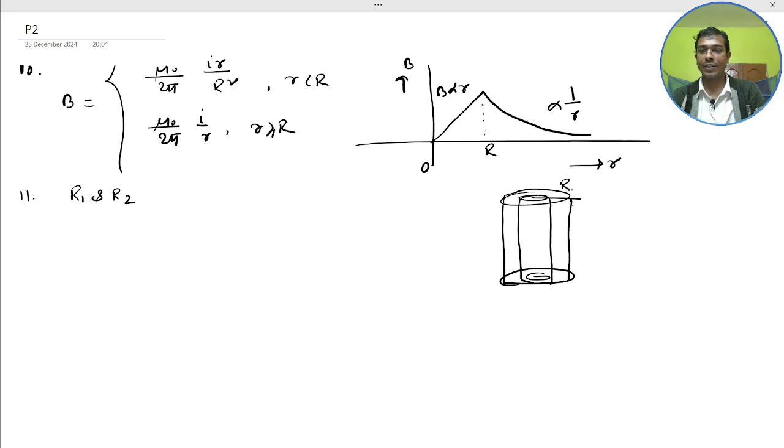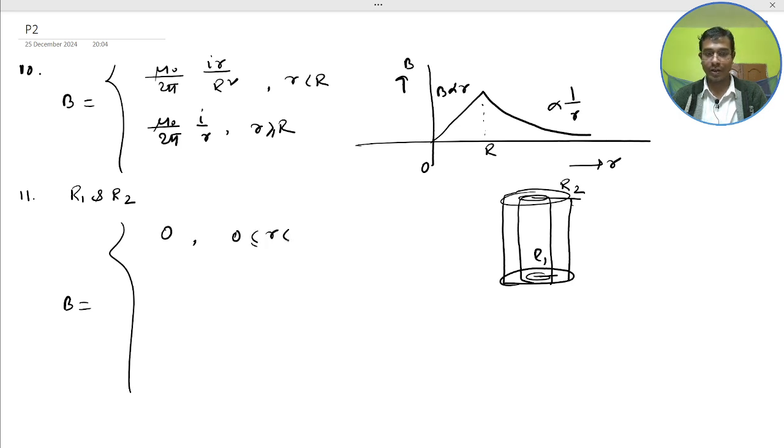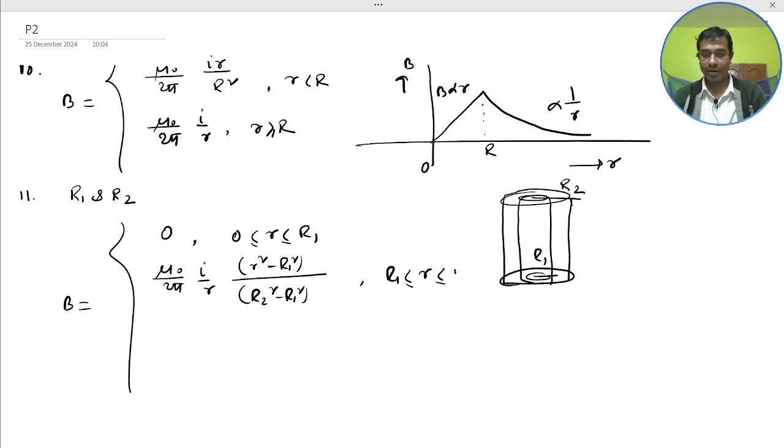The magnetic field is written as 0 for 0 less than or equal to r less than or equal to R1, and μ₀/2π · I/r · (r² − R1²)/(R2² − R1²) for R1 less than or equal to r less than or equal to R2, and μ₀/2π · I/r for r greater than or equal to R2.